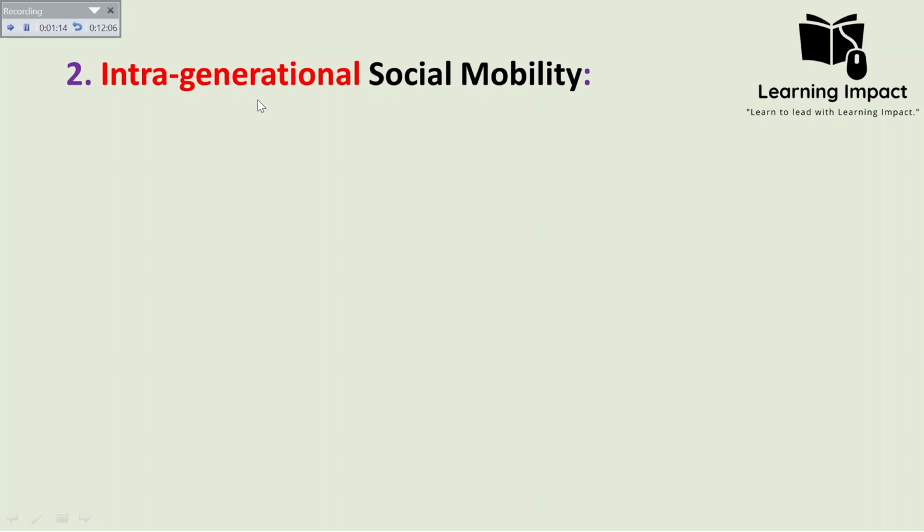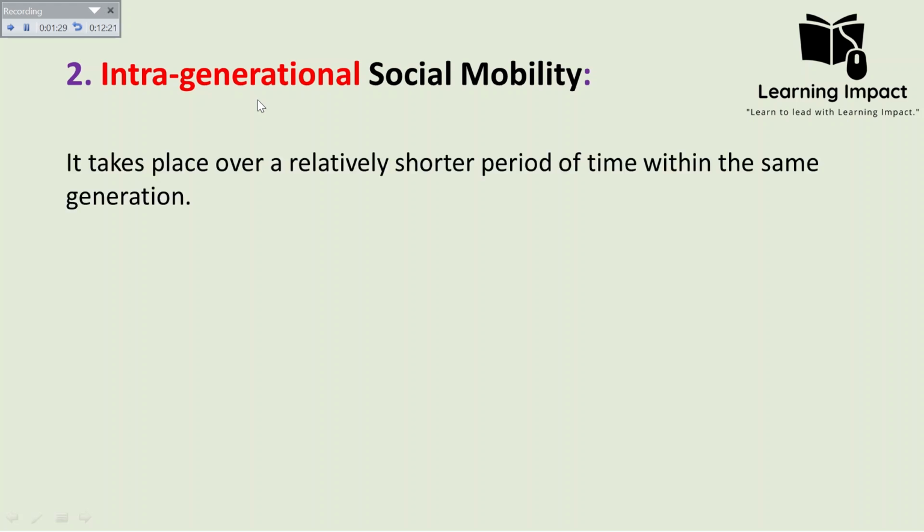Mostly people, whatever they do, carry the same status which society has assigned to them over multiple generations. So intra-generational social mobility takes place over a relatively short period of time, within a single generation.